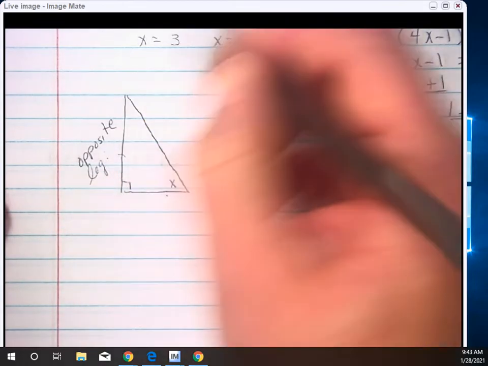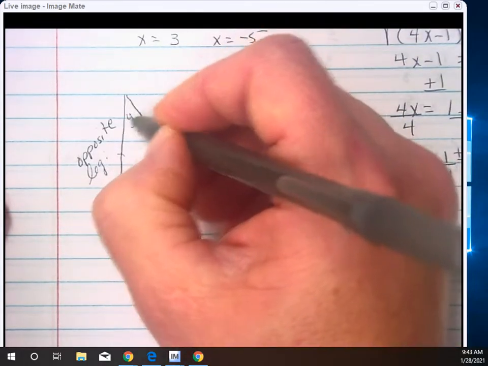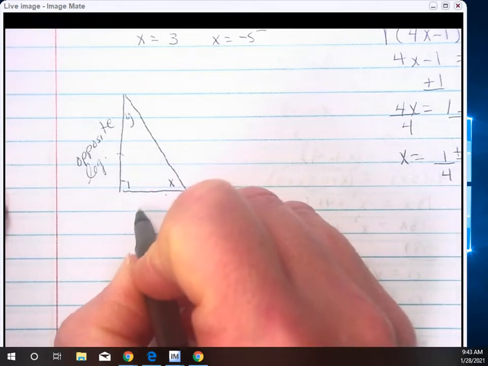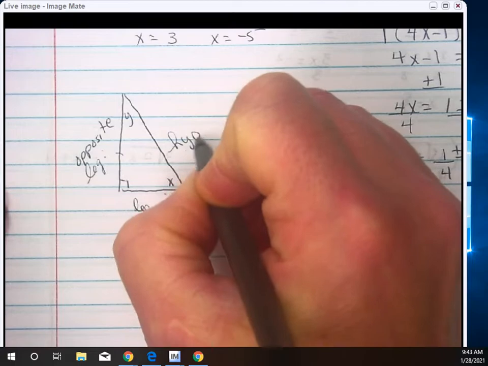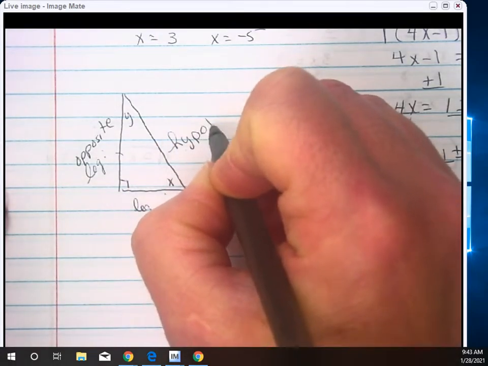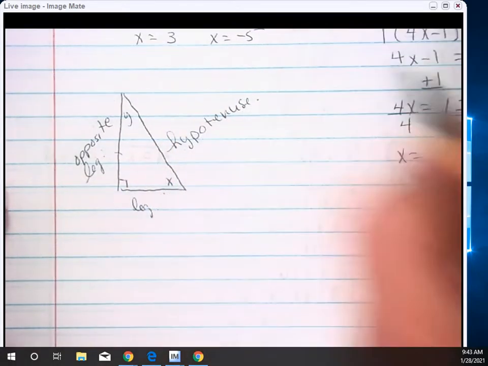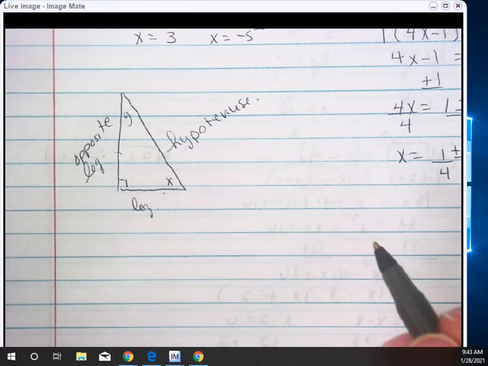This side opposite is also called a leg. We have another angle, opposite it is another leg, and then the side opposite the 90 is the hypotenuse.